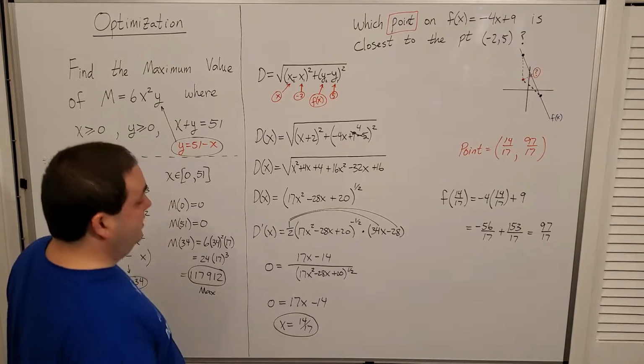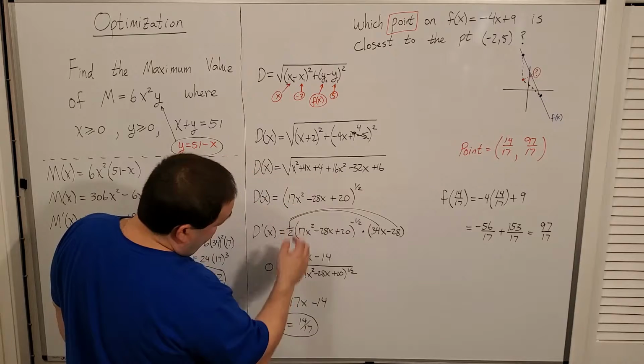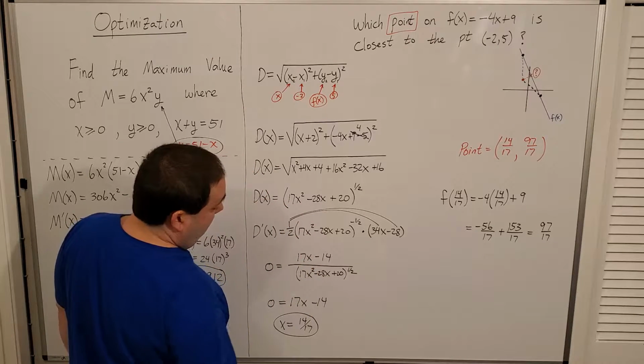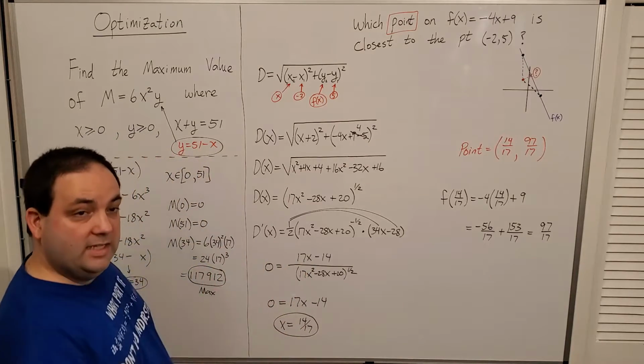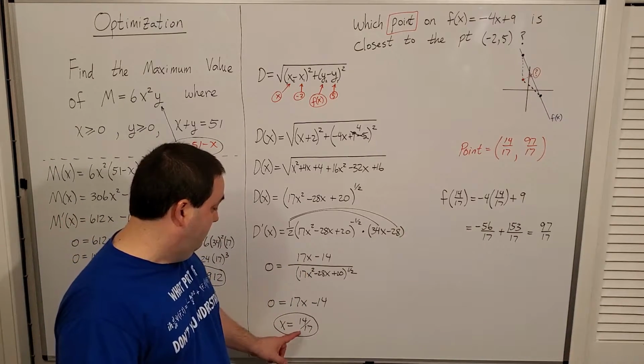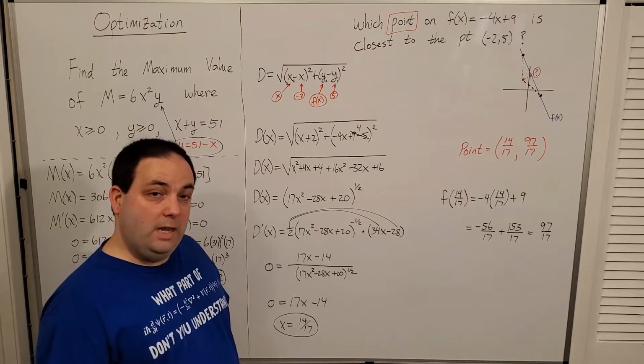Long story short, your main part of your second derivative is going to come out in terms of this positive number here, 17, and you're going to find that it's concave up at this point, okay? In so doing, it makes the 14 over 17 a minimum.